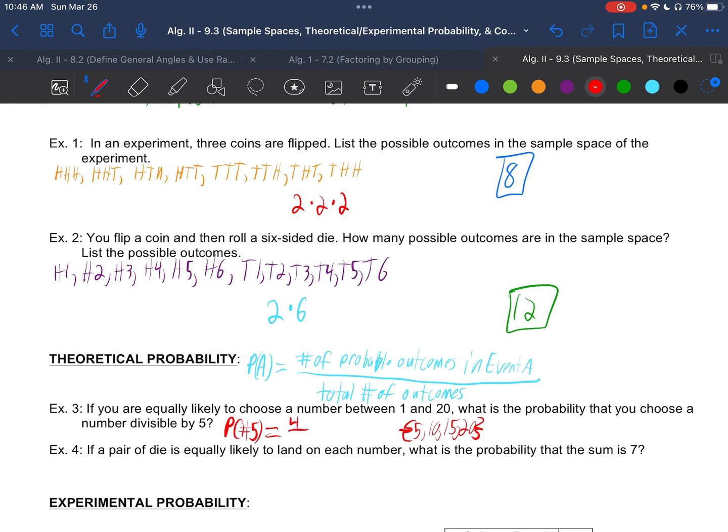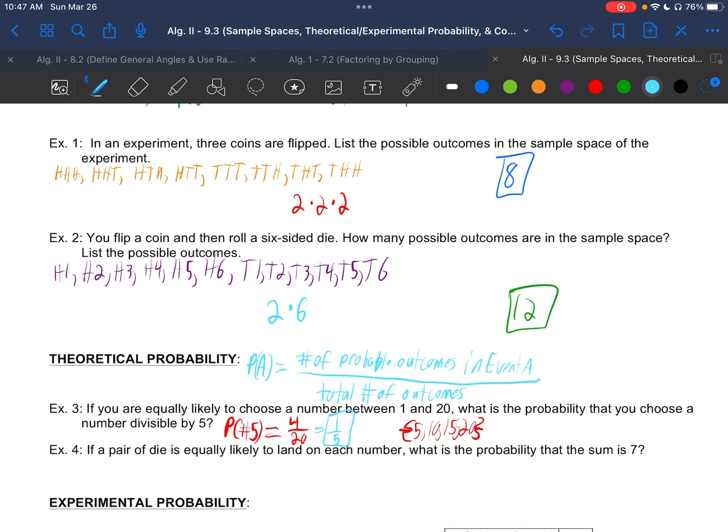So you have 4 probable outcomes in event A out of 20 total outcomes, numbers 1 through 20. That gives us the theoretical probability of 1/5, aka 20%. So 1 out of 5 times you randomly choose a number, you should get one divisible by 5, meaning the other 4 times you should get one that's not divisible by 5.